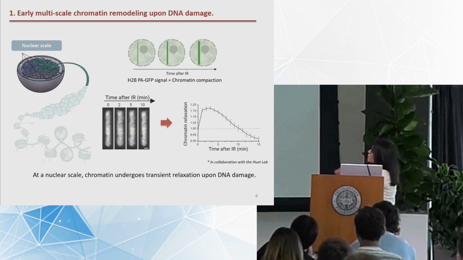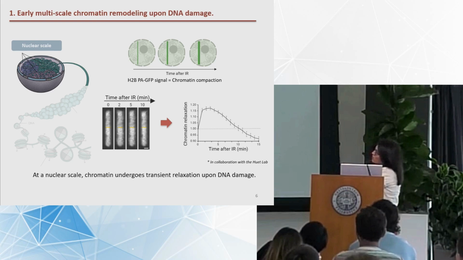First, we start by corroborating this chromatin relaxation in our setup. For this, we use cells that express histone H2B tagged with a photoactivable GFP. By irradiating a specific region inside the nucleus of these cells, we could simultaneously induce DNA damage and photoactivate histones only inside the irradiated region.